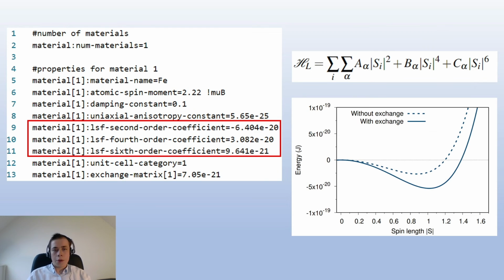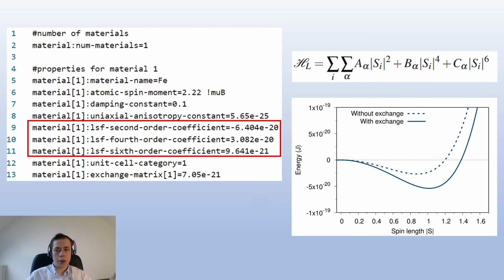So now onto the material file. The only thing that you will need to specify in addition to, for example, the exchange and anisotropy, is the 3 Landau coefficients, the material dependent coefficients, in units of joules. As I showed earlier, just a quick recap, these 3 coefficients correspond to the without exchange dotted line on the figure on the screen.